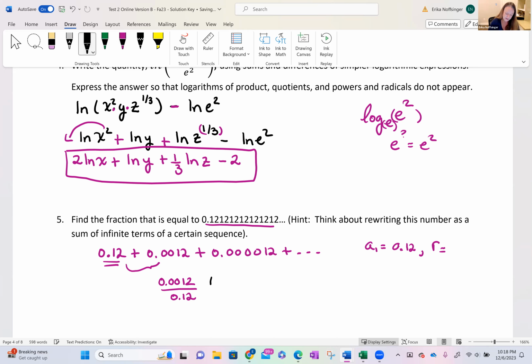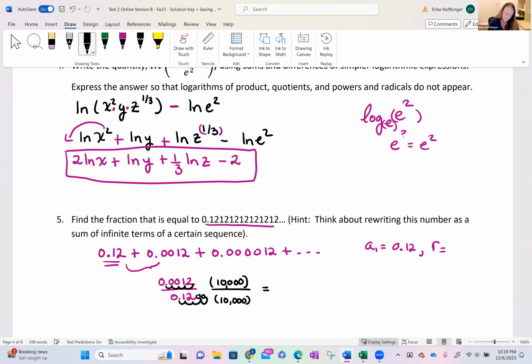let's simplify this by getting rid of one too many zeros. Actually, I need 4 zeros. That was right. So multiplying through by 10,000. That's going to move my decimal place over 4 times, which means I need to add 2 zeros.